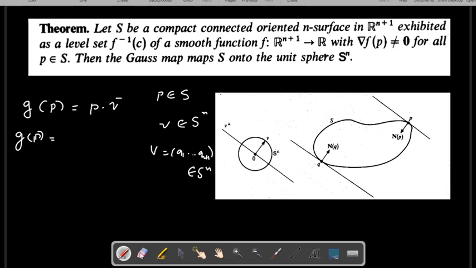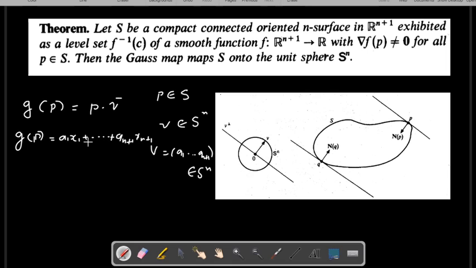P dot v means: p is x1 x2 etc xn plus 1, v is a1 a2 etc an plus 1. When you take the dot product, you will get a1 x1 plus etc plus an plus 1 xn plus 1. This is the equation of an n plane, correct?